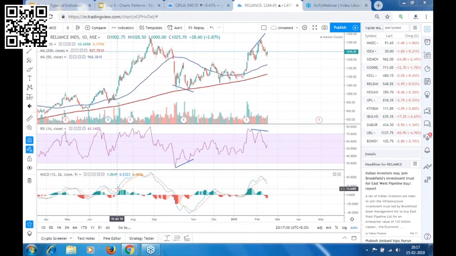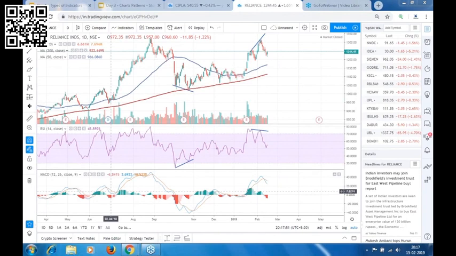Now the buy signal for us is when your MACD, that is your 12 period moving average and 26 period moving average, is above the signal line. If it is below the signal line, then that is a sell signal for us. And this is the histogram.